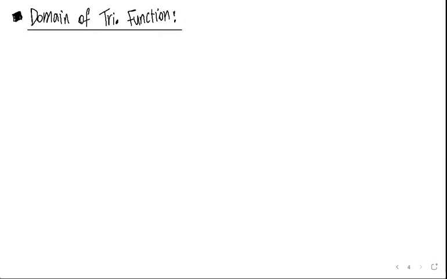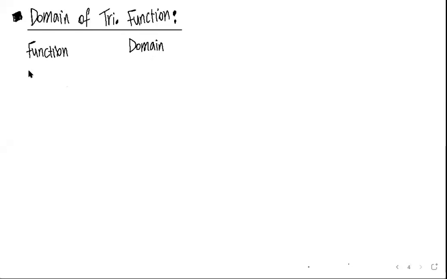Okay, so suppose my function is here, and here the domain. So here is the function and here is the domain.